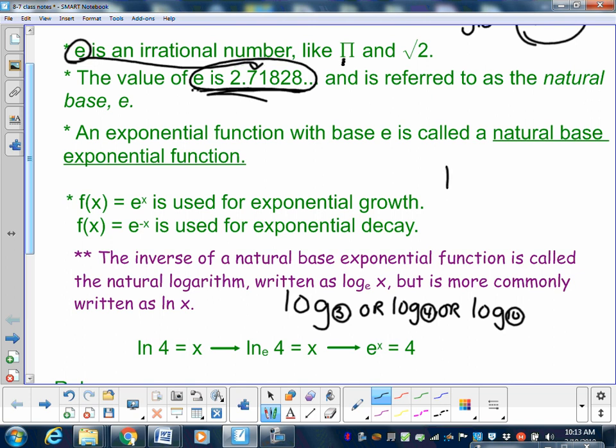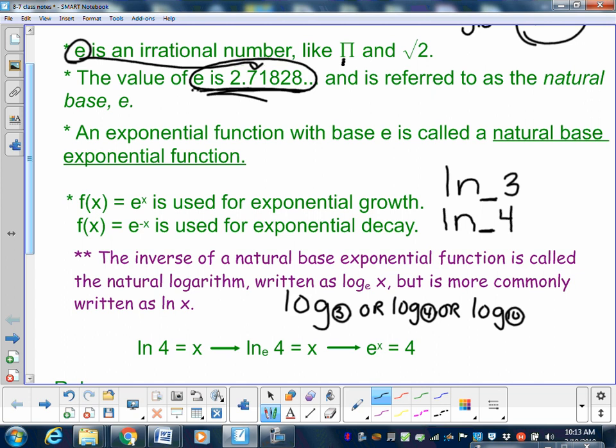And natural log, you write it like this. You don't write LOG. You write LN of 3 or LN of 4. There's no little base number. It's never there. It's always understood as base what?